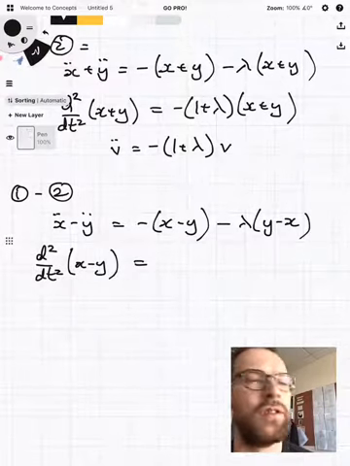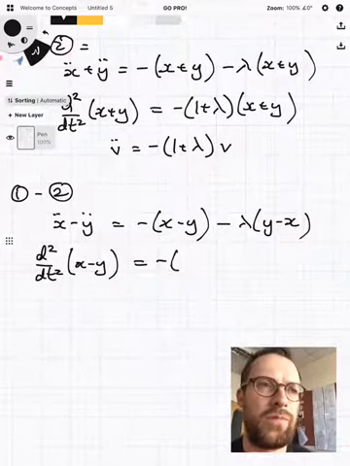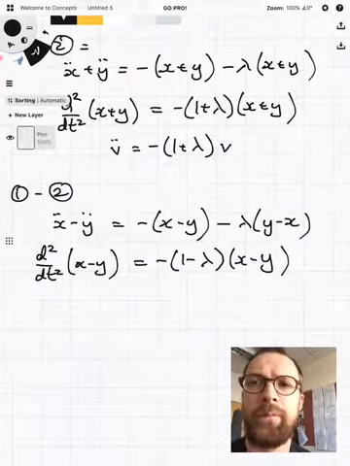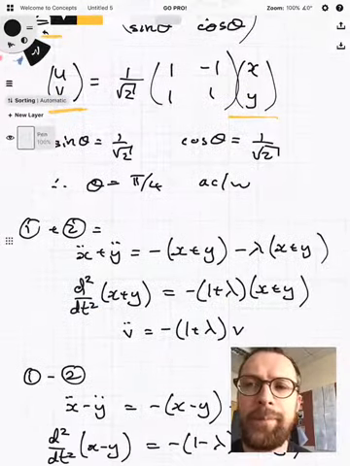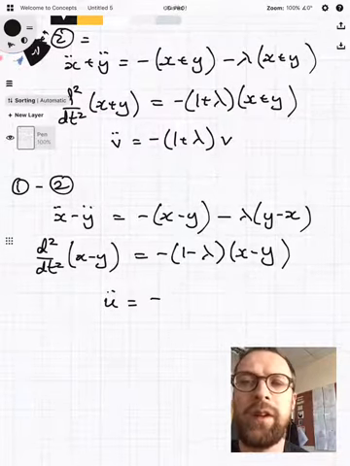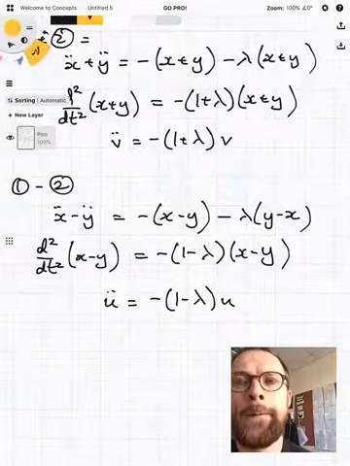Some people spent 2 or 3 pages rearranging these equations, and here we're doing it in 4 lines. So if we do 1 minus 2, then factorising the right-hand side, we end up with the equation u double dot is minus (1 minus lambda) times u.